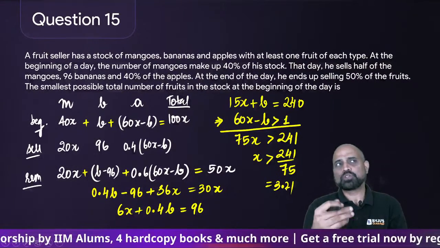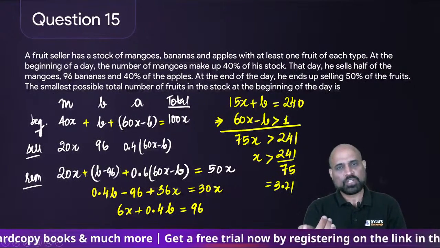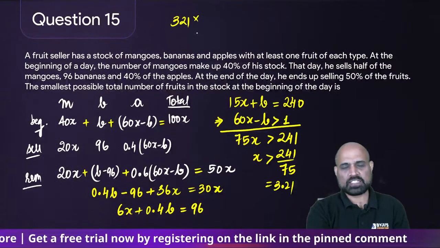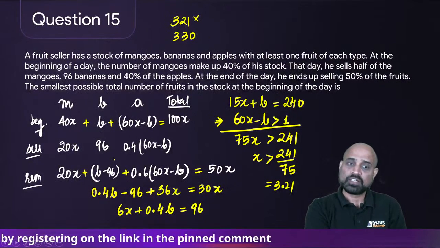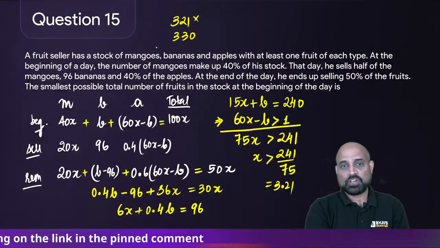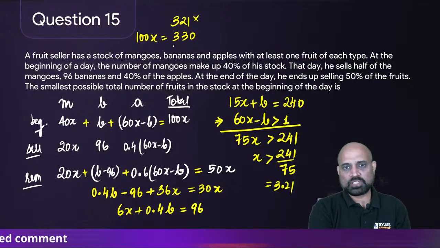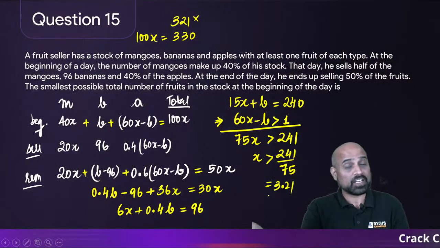If I take suppose 321 का 40% will be in point. So the next number we can take is 321 नहीं ले सकते. Next number we can take is 330 क्योंकि 330 का 40% is not going to be in point. So if we say that 100x is going to be 330, so x को 3.3 लिया because x is going to be greater than 3.21.